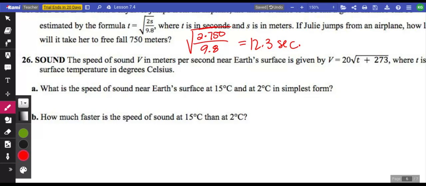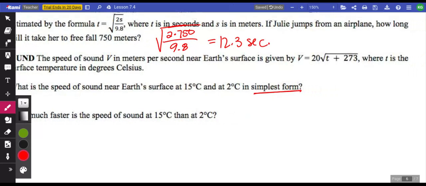The speed of sound in meters per second near Earth's surface is given by that equation. What is the speed of sound at 15 degrees temperature and 2 in simplest form, which means no decimals? So if I did 20 square root of 15 plus 273, that would give me 20 square root of 288.